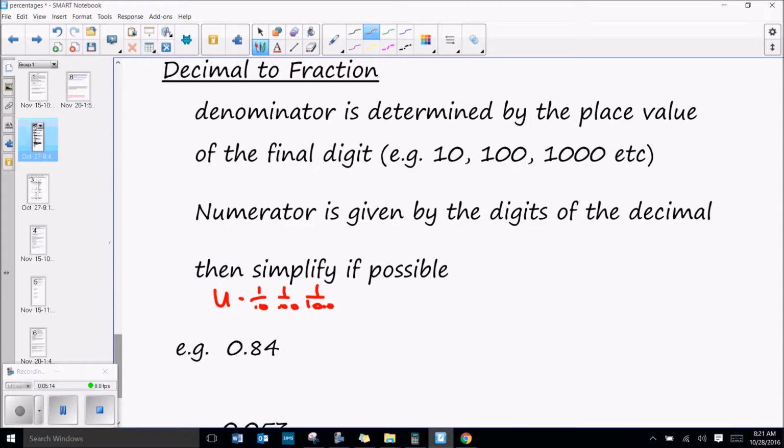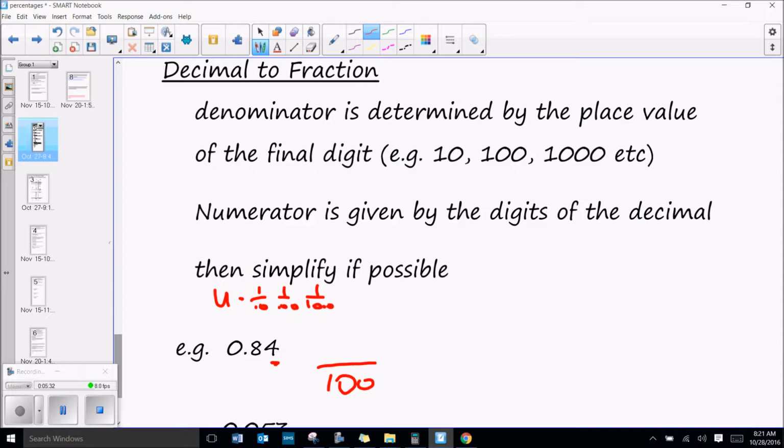So we're looking to see which column the final digit is in. As you can see, 0.84, this final digit here, this 4, is in the hundredths column, which tells me that 100 is going to be my denominator.